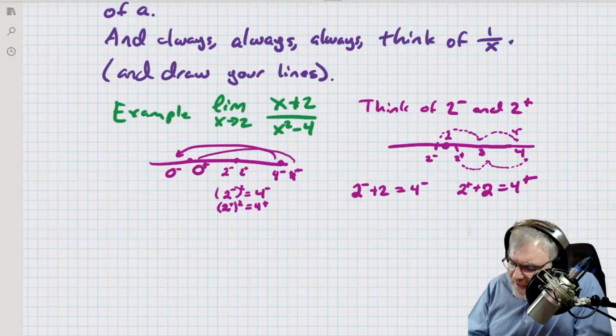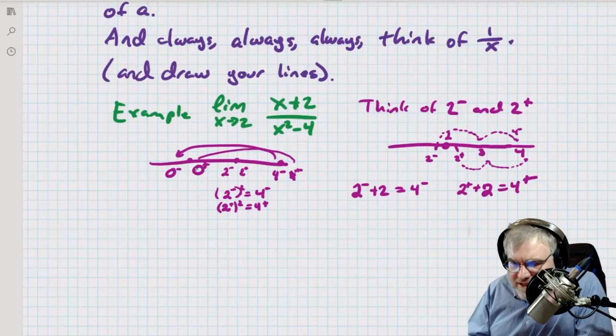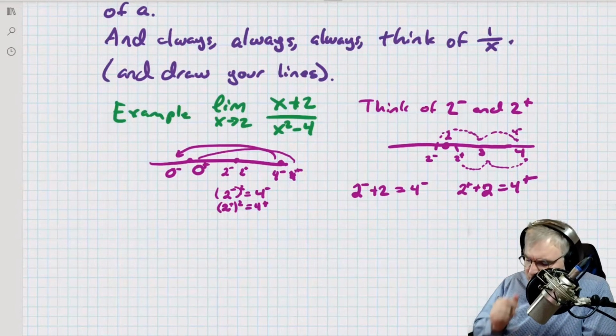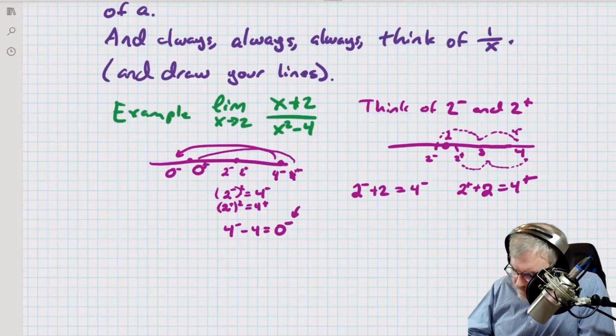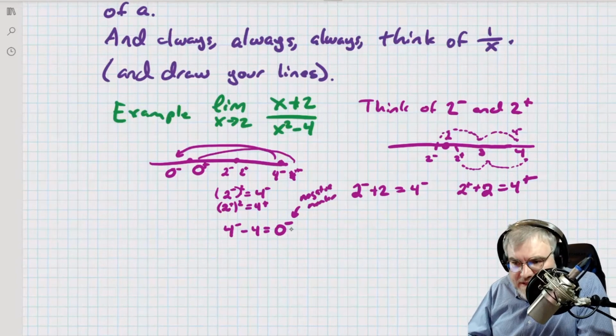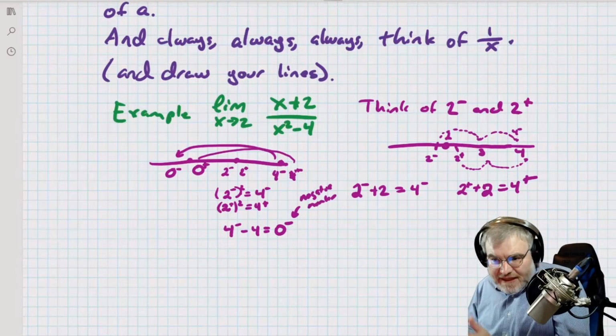Let me say that again. 0 left is a negative number, and 0 plus is a positive number. It doesn't get that from the 0 minus. It gets that from being on the left side of 0.